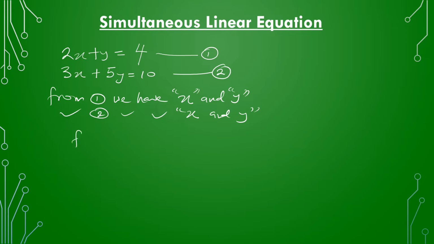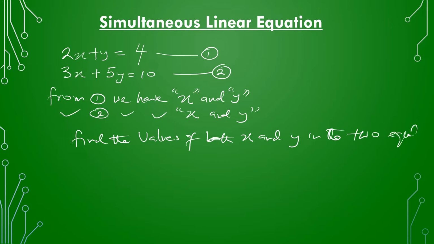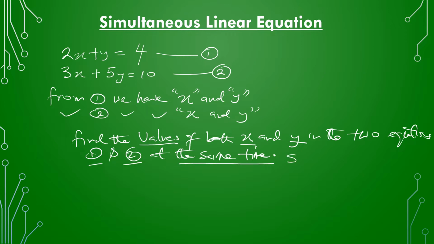Whenever you are asked to find the values of both x and y in the two equations, equations 1 and 2, at the same time, mark the word, we say a simultaneous linear equation is said to have what?